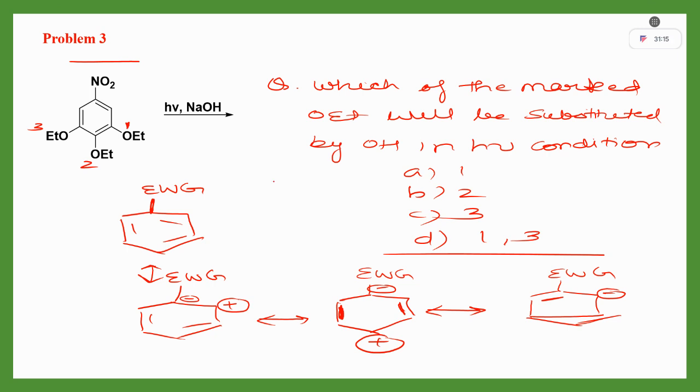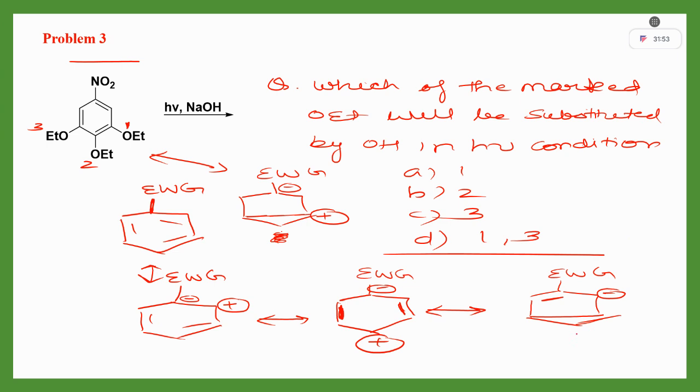One another possibility you have to figure out is how I have come to this form. Here there is no charge, students. In these structures you can see that positive charge is coming at the meta carbon to the electron withdrawing group.